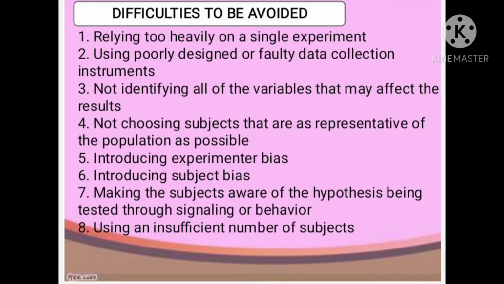Not choosing subjects that are as representative of the population as possible. 5. Introducing experimenter bias. 6. Introducing subject bias. 7. Making the subjects aware of the hypothesis being tested through unconscious signaling or behavior. And lastly, using an insufficient number of subjects.